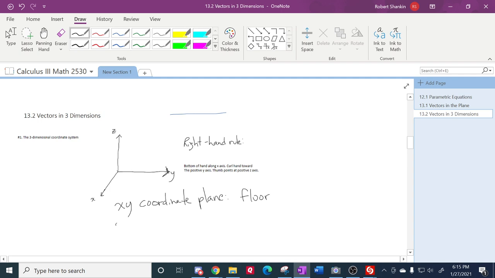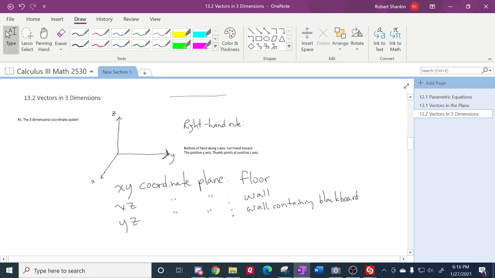And then the XZ coordinate plane would be the wall. And the YZ coordinate plane would be the wall containing the blackboard. And those planes stretch out forever, but you have 3 coordinate planes in 3 space.